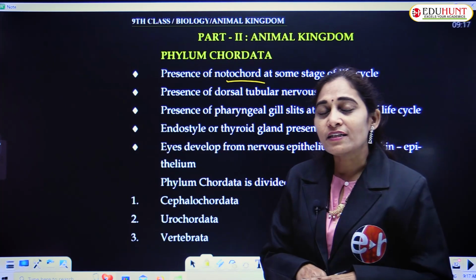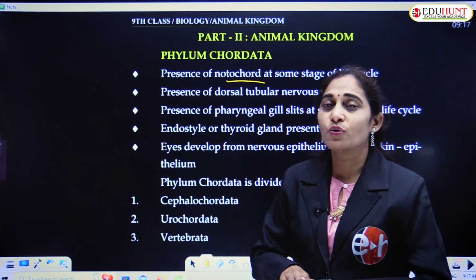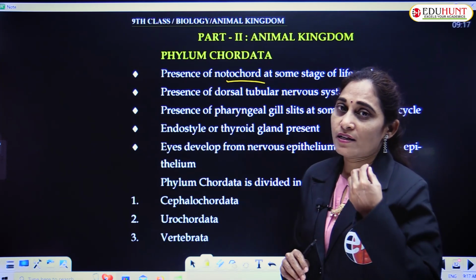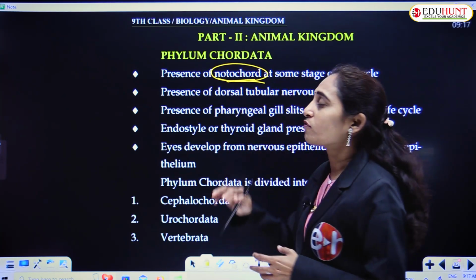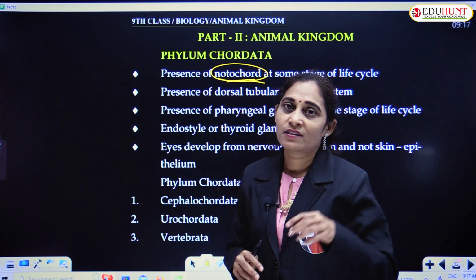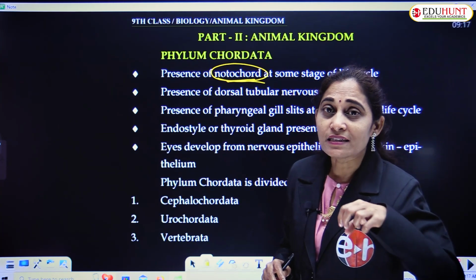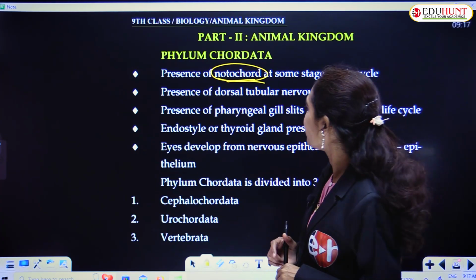At least at one stage in the life cycle they should possess this notochord. Presence of notochord marks the animal as belonging to phylum Chordata.